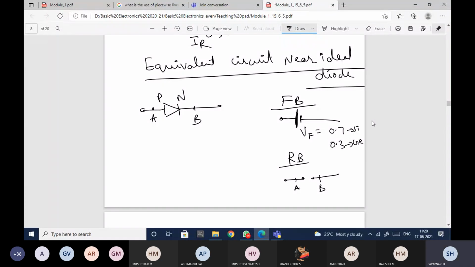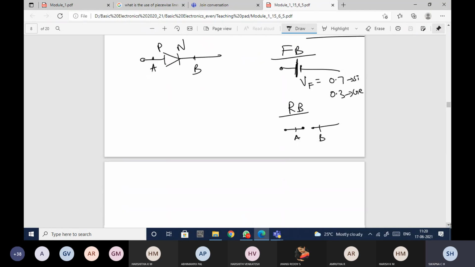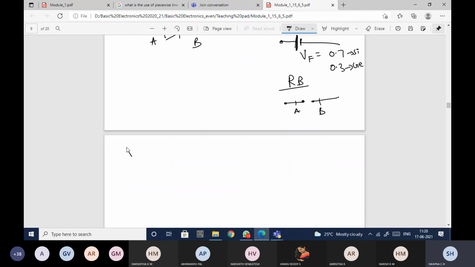Is this clear to you all? Yes, ma'am. Okay, fine. Now we'll go to the third characteristics, the piecewise linear characteristics.